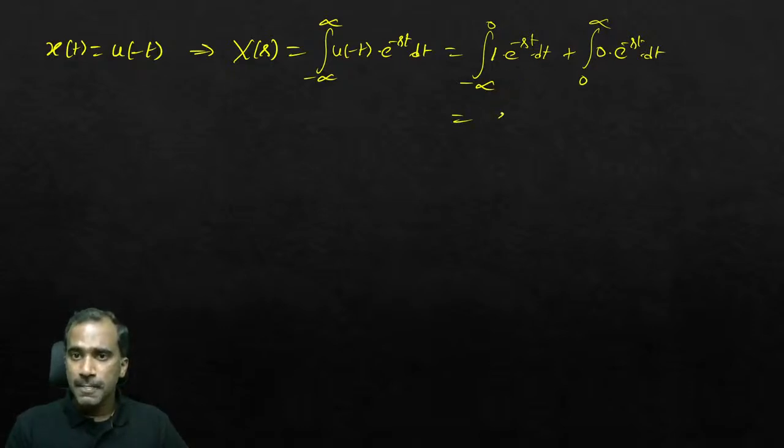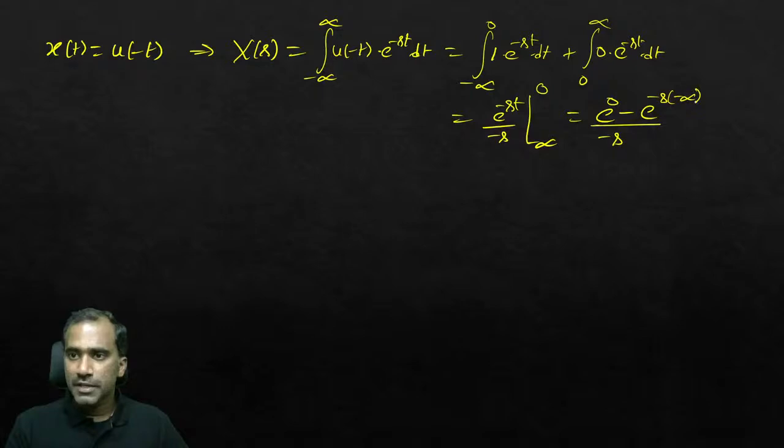How about this part? It is e power minus st divided by minus s. If you integrate this, limits are from minus infinity to 0. Let us substitute the limits. It is e power 0 minus e power minus s into minus infinity.